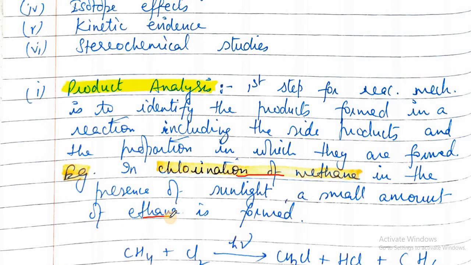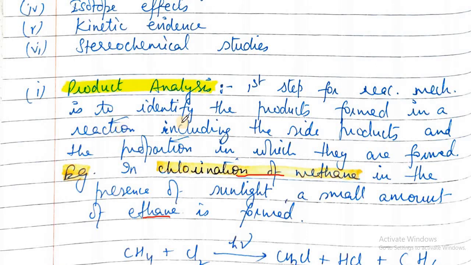It is taken up, and then we analyze the mechanisms by which ethane can be formed. All the mechanisms cannot give ethane, only that mechanism which will give ethane will be the mechanism proposed for that reaction.